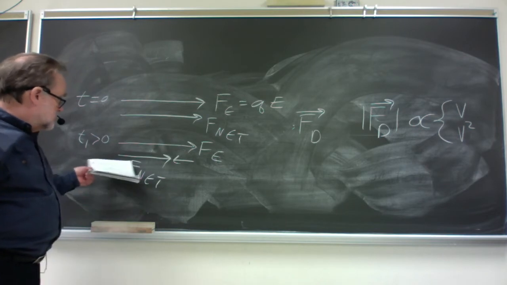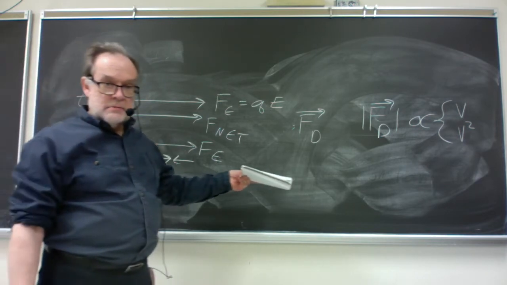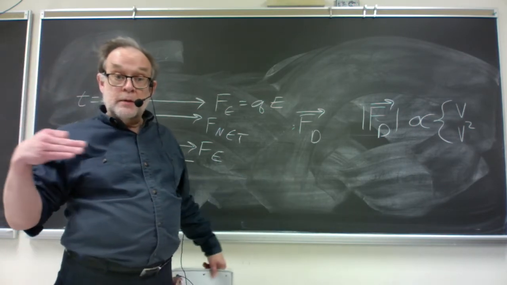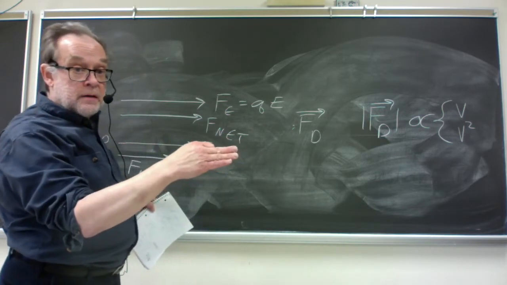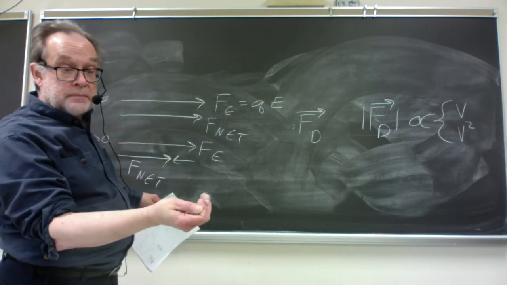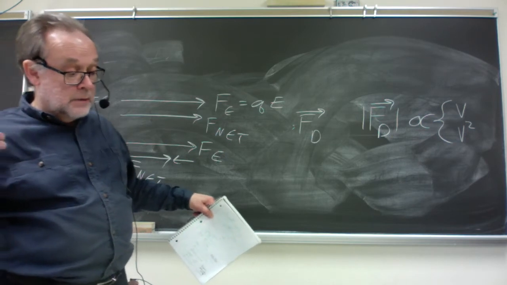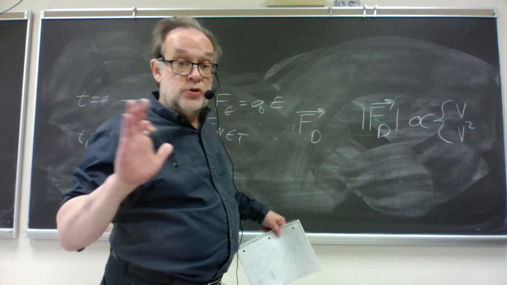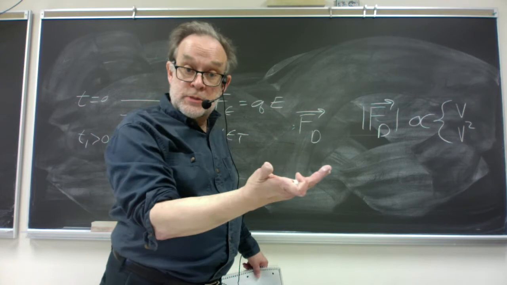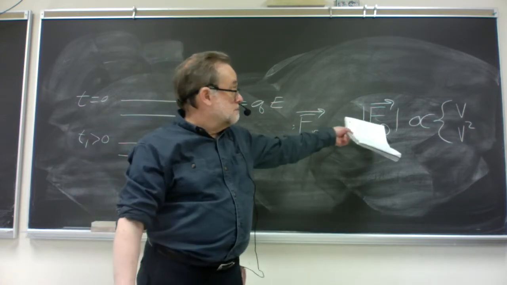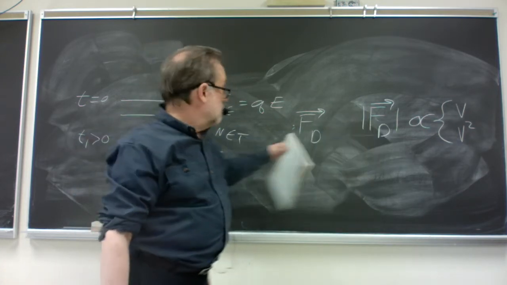But it's still gaining forward velocity. It's still being pushed by a net force in the direction of motion. And we know that any time a mass is pushed in the direction in which it's already moving, it must speed up. So if it speeds up, the drag force gets a little bit stronger.